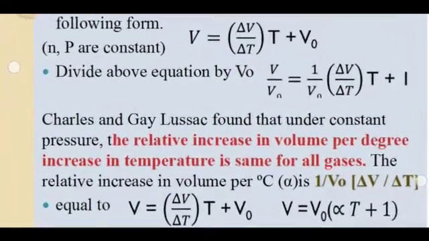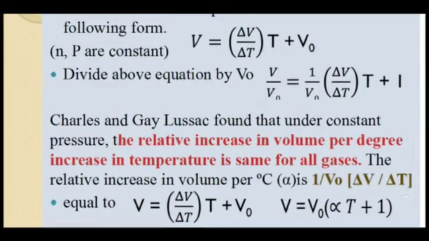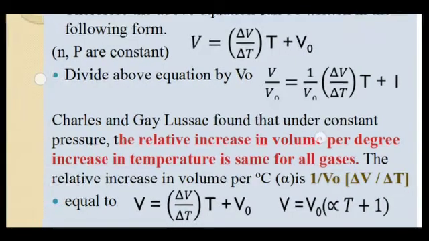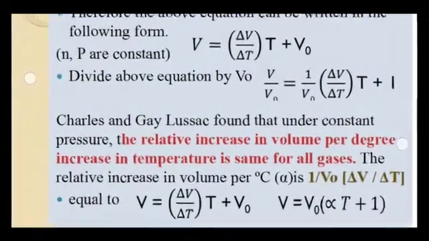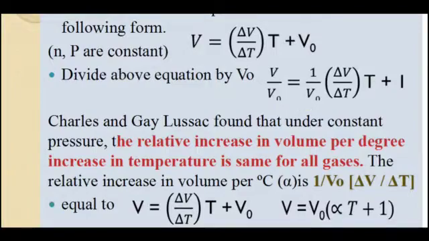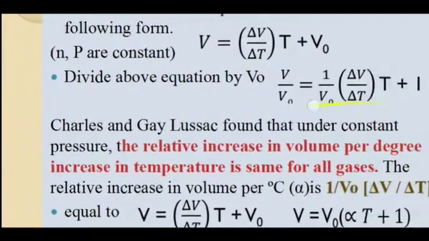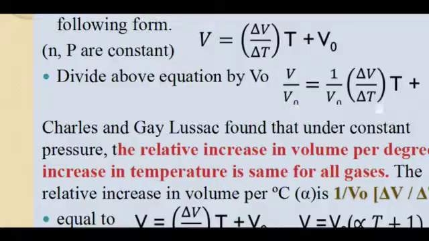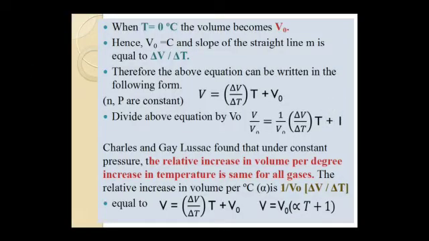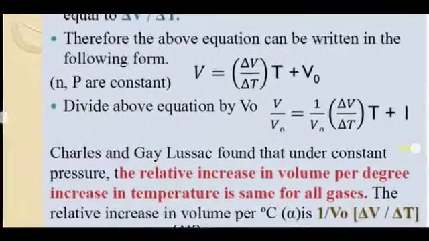Therefore V is equal to del V by del T into T plus V naught. This is a formula. We already know, we divide the whole formula by V naught. We are getting V by V naught is equal to 1 by V naught into del V by del T into T plus 1.